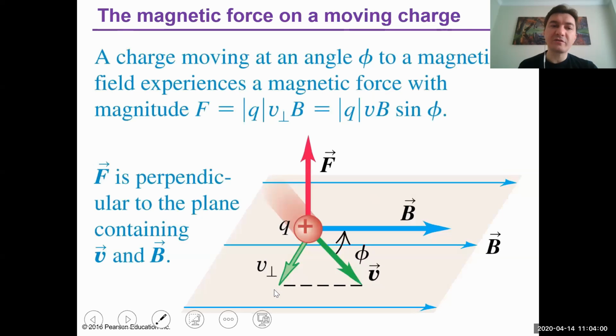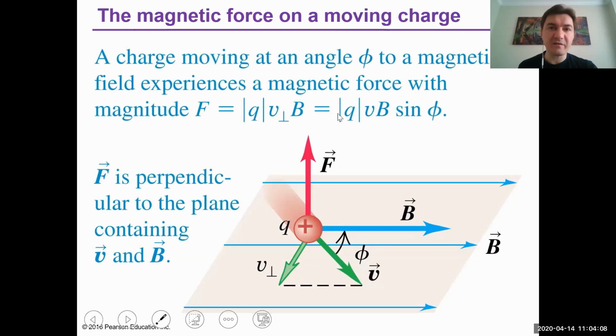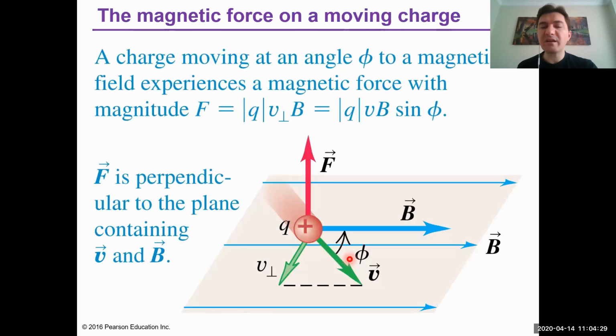We will also talk about the sign and direction of the force, but let me discuss this during the next transparencies. A charge moving at an angle phi. In the previous case, the angle between the velocity of the charge and the direction of the magnetic field was 90 degrees, completely perpendicular to the magnetic field. But what if the particle is moving at some angle phi compared to the magnetic field? This is the velocity, the particle is moving like this, and this is the direction of the magnetic field.